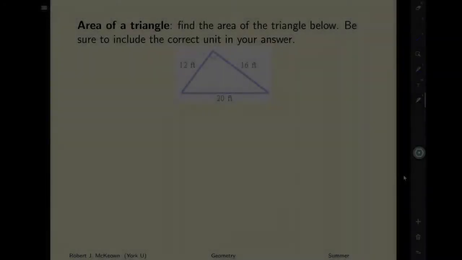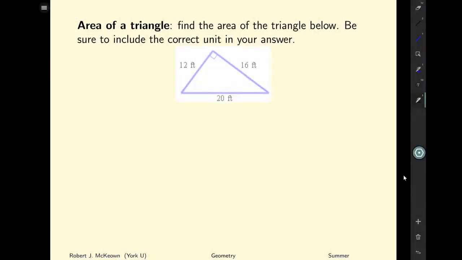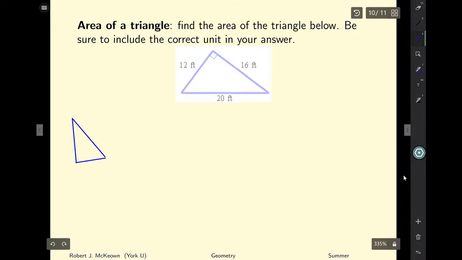Here's another question with triangles. So we're being asked to find the area of the triangle below. Well, if I draw a triangle like that, notice that it's half the area of a rectangle. It's half the area of a rectangle.